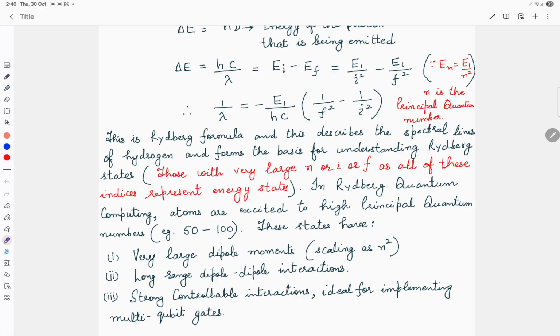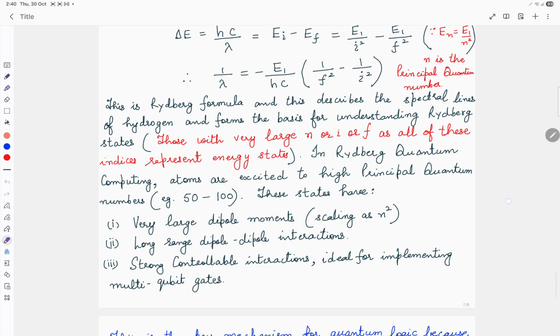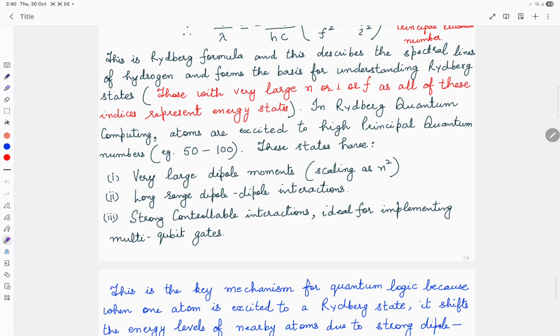In that case, a kind of Rydberg blockade is created. So long-range dipole-dipole interaction is the reason for this Rydberg blockade. Strong controllable interactions are ideal for implementing multi-qubit gates.